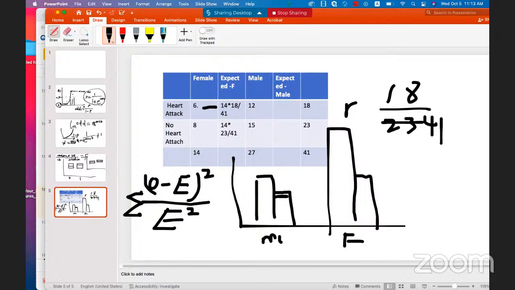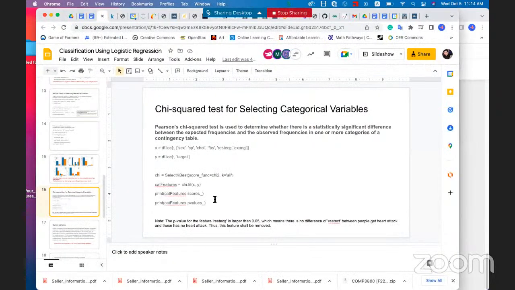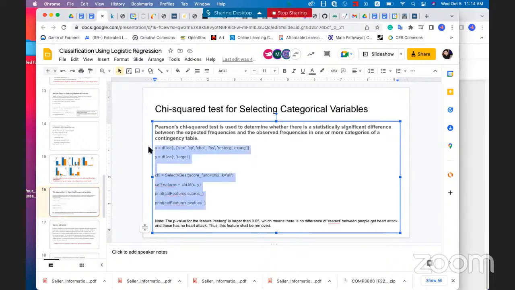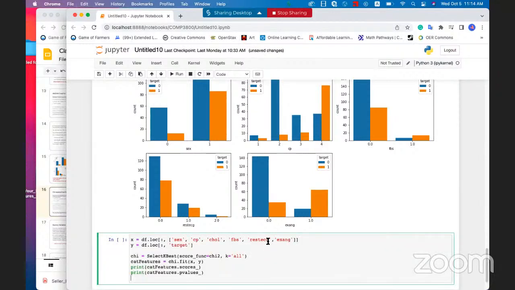We need to understand how this test works, and the value. We really don't need to calculate it, and we can use this SelectKBest method, and we give it the X. Y should be the target variable, and X should be the categorical variables, and it tests whether these X have a significant difference.